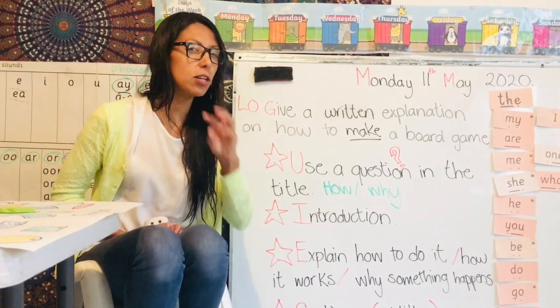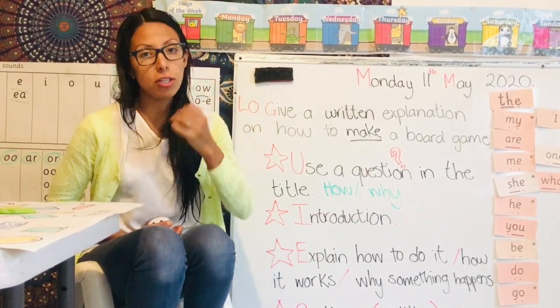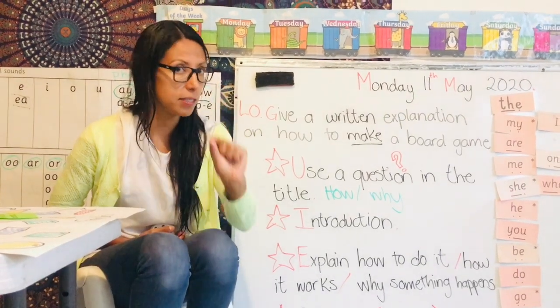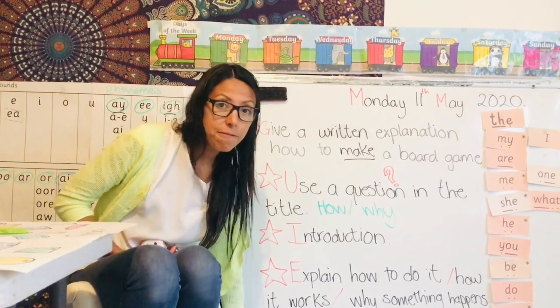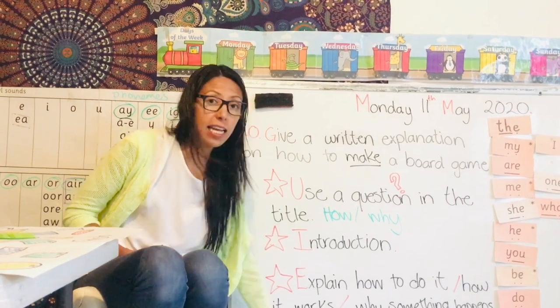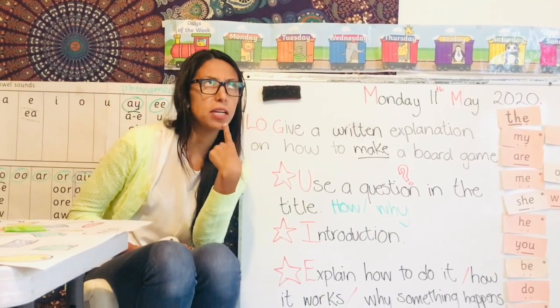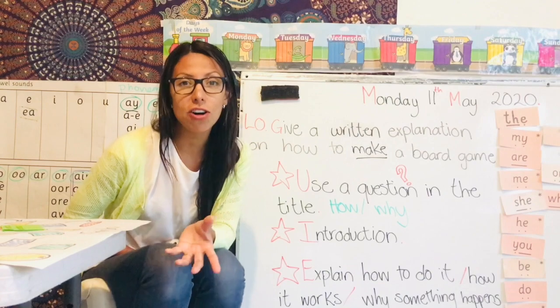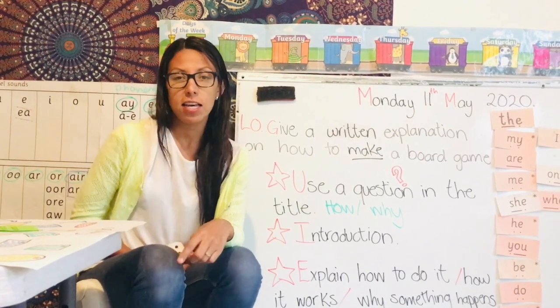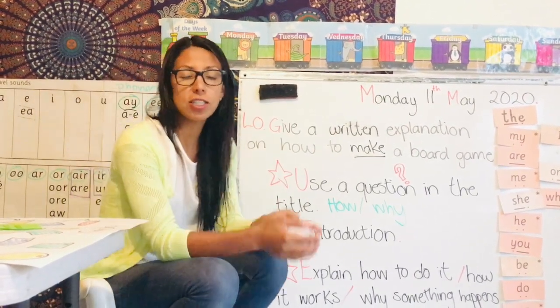Keep that in mind. I know it may seem like too much information, but I'm going to explain step by step in a minute. And then finally, we have to illustrate. What does that mean, Miss Arcos? Draw your explanations, okay?